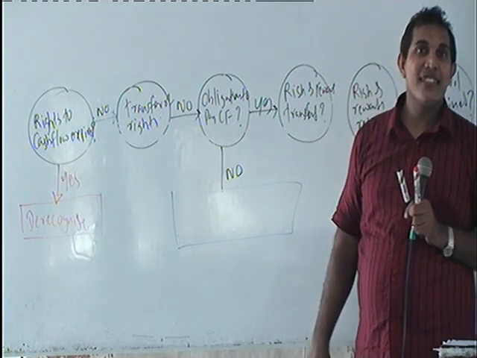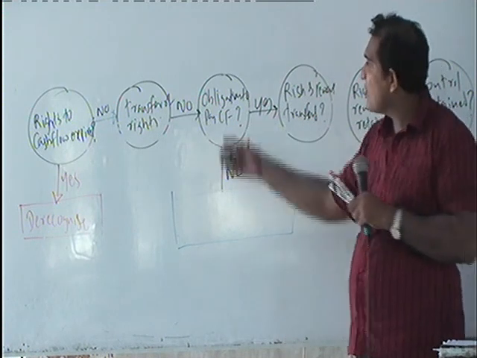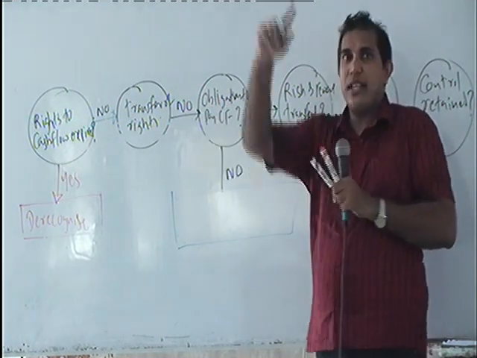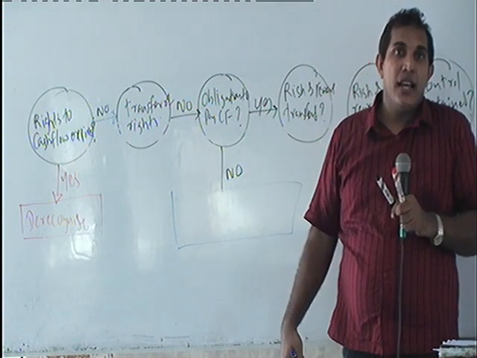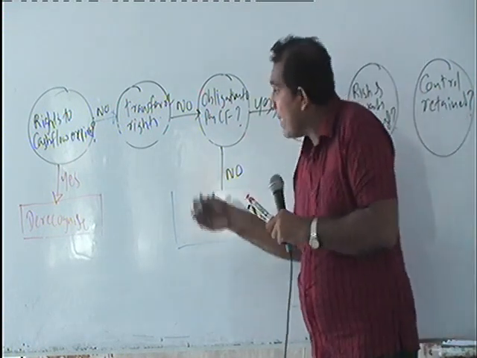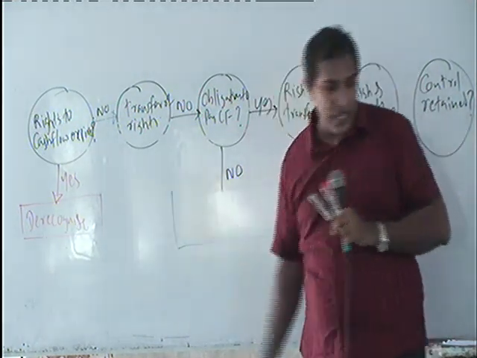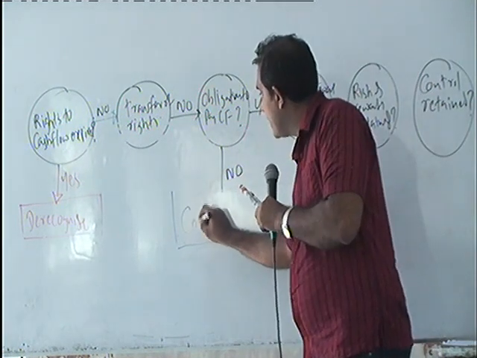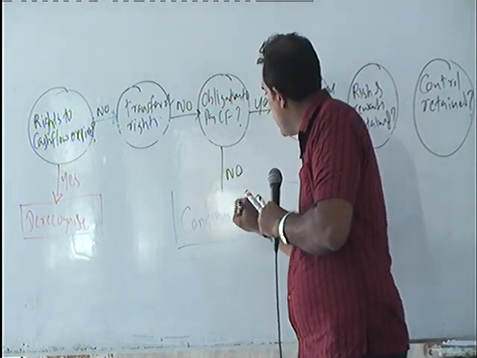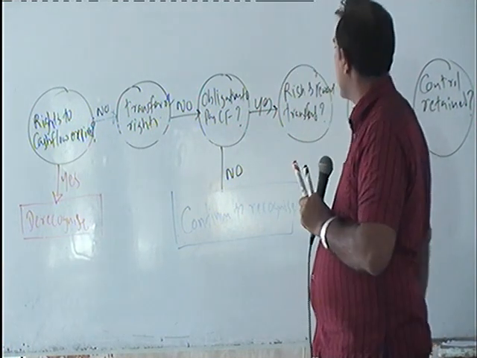Can we derecognize? That means no outsider has an obligation to pay. We continue recognition, right? We cannot derecognize the financial asset. So here you can write continue to recognize.